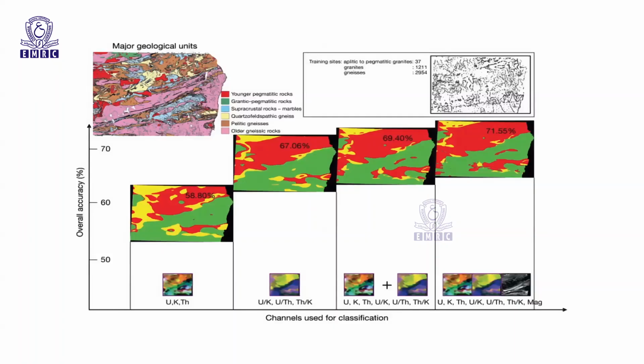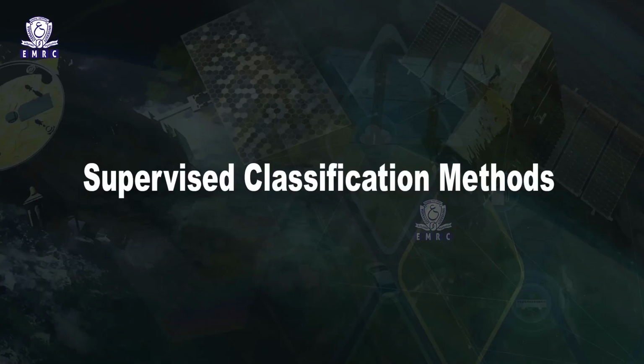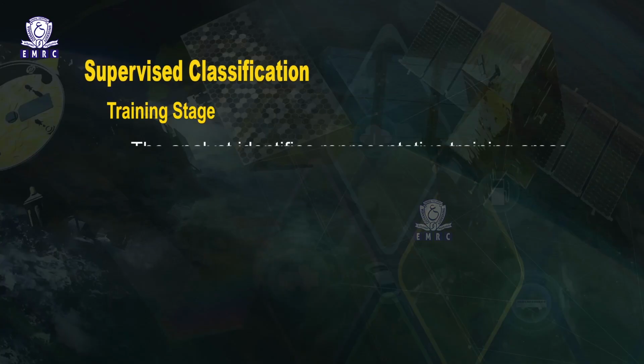We shall not attempt to define the word close other than to say that both geometric and statistical distance measures are used in practical pattern recognition algorithms. The training samples are representative of the known classes of interest to the analyst. Classification methods that rely on the use of training patterns are called supervised classification methods. The three basic steps involved in a typical supervised classification procedure are: training stage.